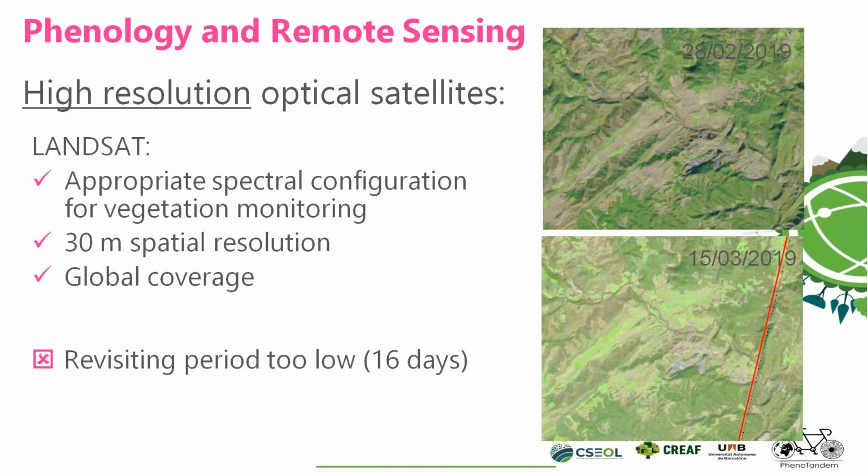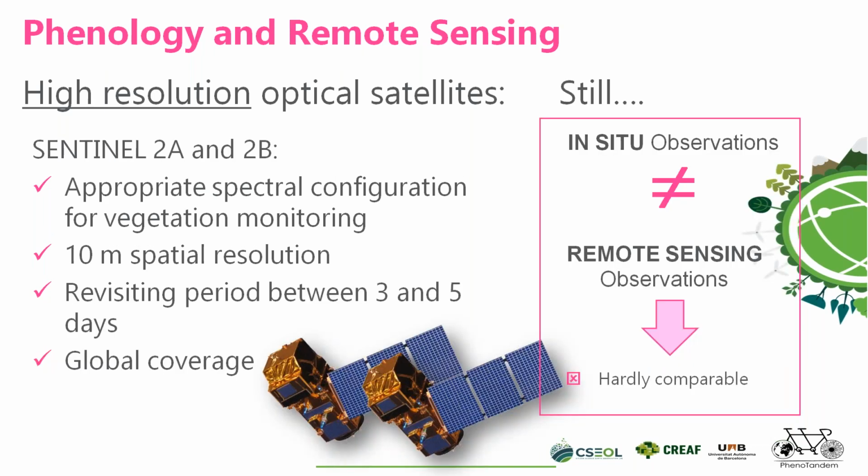But with the new constellations of high resolution orbital satellites, the European one, Sentinel-2A and B, it seems that the revisiting period is becoming 3-5 days. You will have an indication of when the exact phenomena happened and if there has been some change between years. And this is going to provide you with global coverage, so that should be excellent.